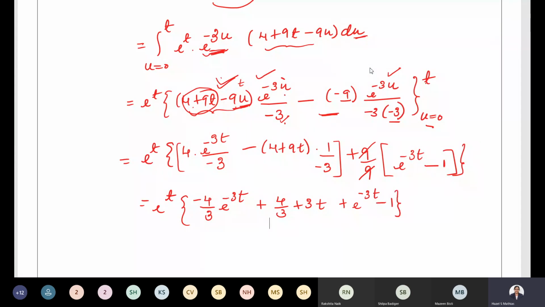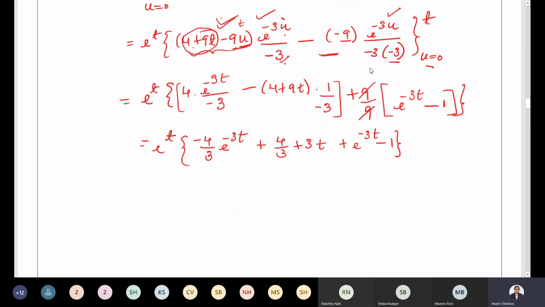Now simplify this. On simplification, what do we get? E power t into, see here, 4 by 3 minus 1. 4 by 3 minus 1 is 1 by 3. This term and this term, 4 by 3 minus 1 is 1 by 3. Then you have 3t plus 3t. Then here you see, you have e power minus 3t, minus 4 by 3 e power minus 3t. So what do we get from that?